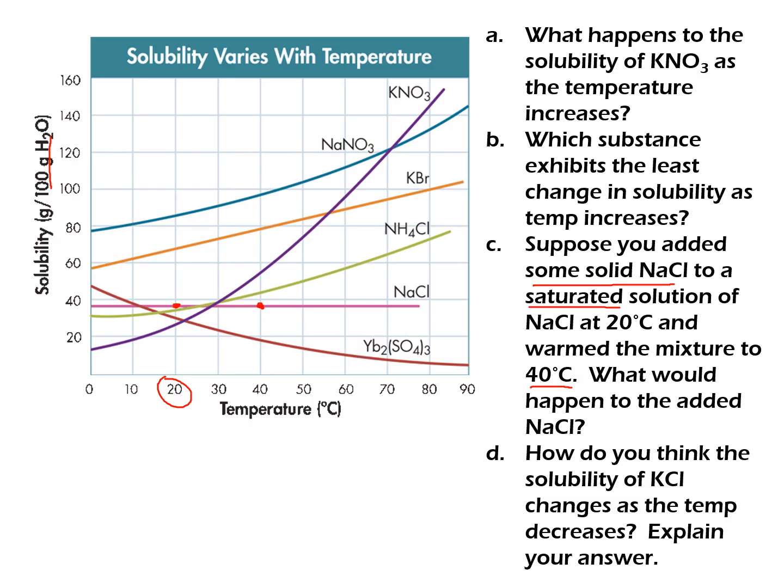It says, how does the solubility change as the temperature decreases? So as you go down in temperature, what happens to the solubility of both of those? Their solubility goes down, doesn't it? So KCl is probably going to be really similar to KBr or NaCl. Therefore, we expect KCl to have its solubility go down when the temperature goes down, because KBr and NaCl do the same thing. It's using a little deductive reasoning when you're looking at this.